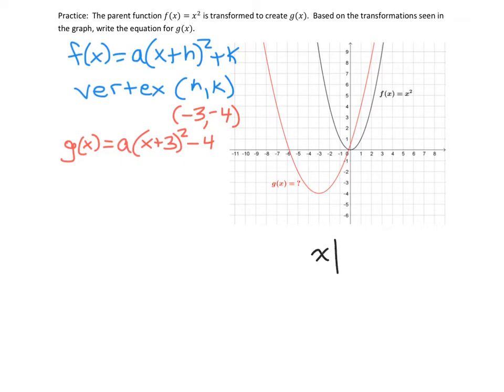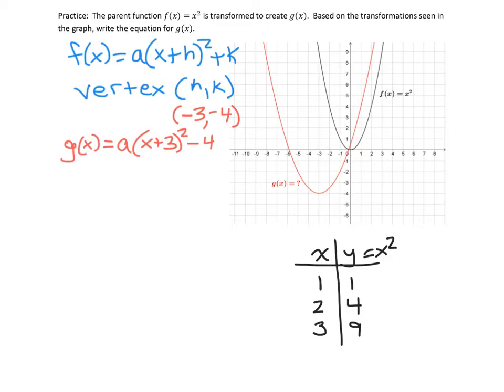If I have x here and my y, if I move 1 in the x dimension, that would be 1 squared. So my output should move up 1. If I move 2 in the x dimension, that would be 2 squared. So my output should move up 4, 3 squared, 9, etc.